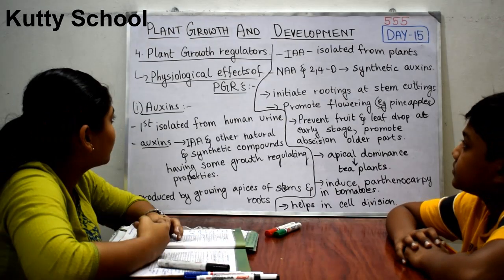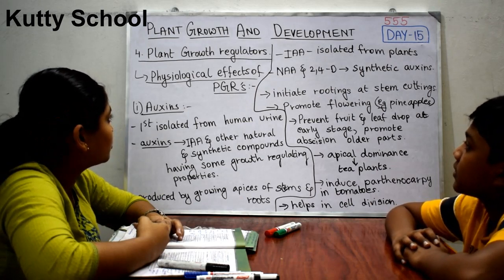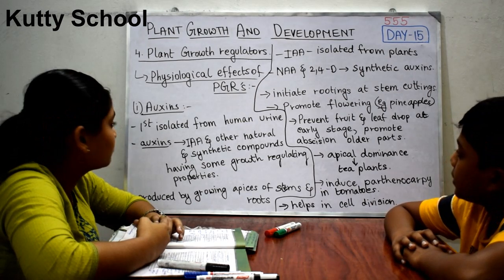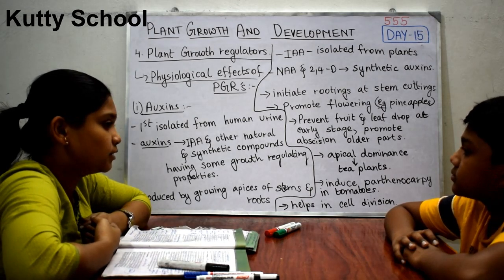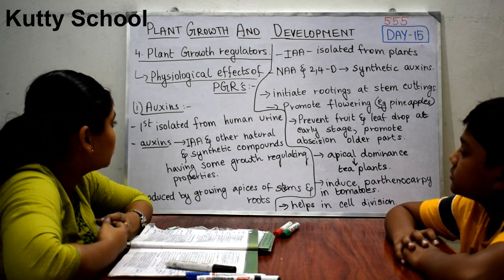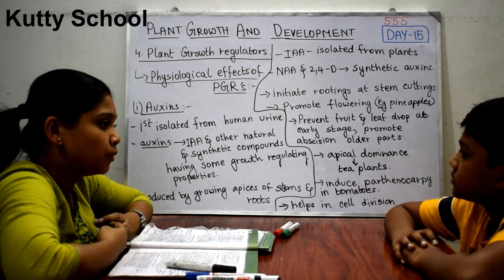Now we are going to see the last subtopic under plant growth regulators, which is the physiological effects of plant growth regulators. Here we are first going to see about auxins. Auxins are plant growth regulators, also known as hormones. These were first isolated from human urine.